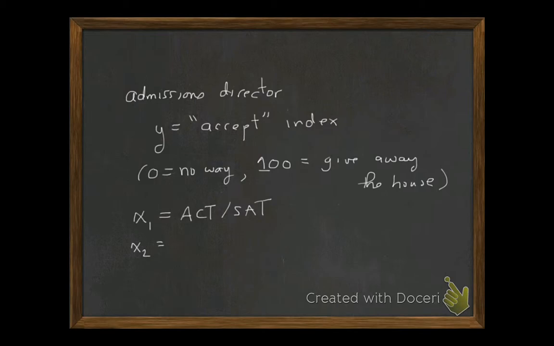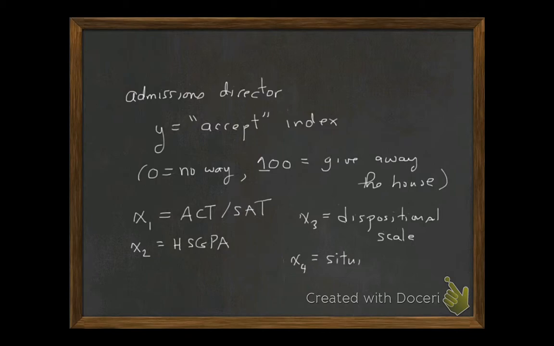And let's say x2 is something else that's pretty easy to get a hold of, the high school GPA. But let's say previous research shows that this dispositional scale, a questionnaire that you can give prospective students, taps into their dispositional data: how motivated are you, and on and on.